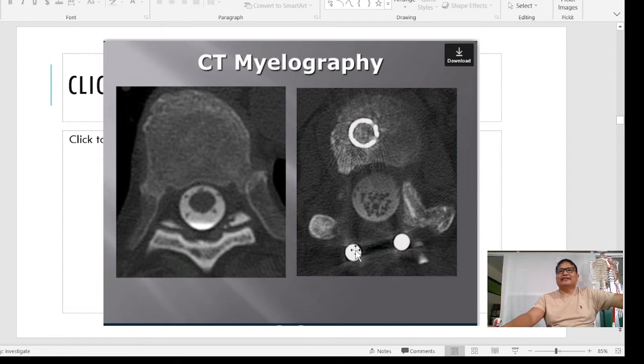So this is an artifact, from metal, on the CT scan. Now look at this part, this is the vertebral body, the canal. Here is the intervertebral foramen, on the other side. The bone is small, so that means the peripheral nerve can get pinched here.